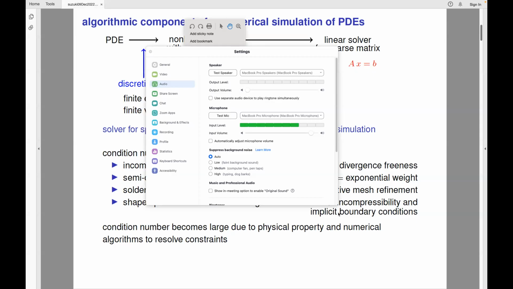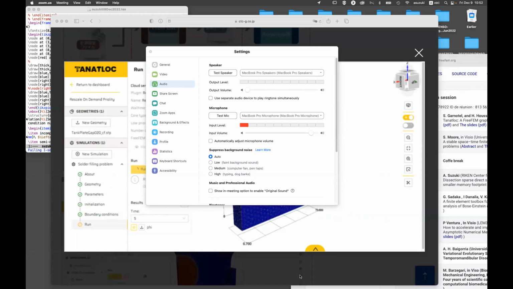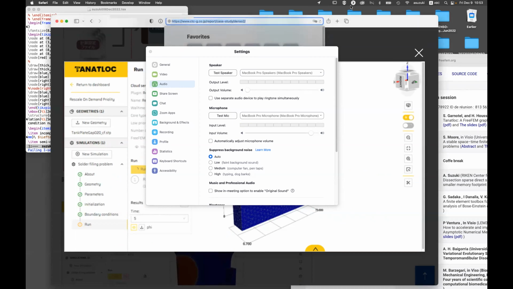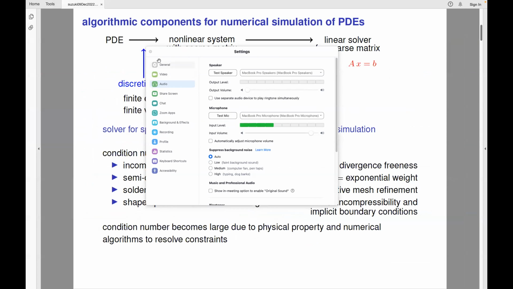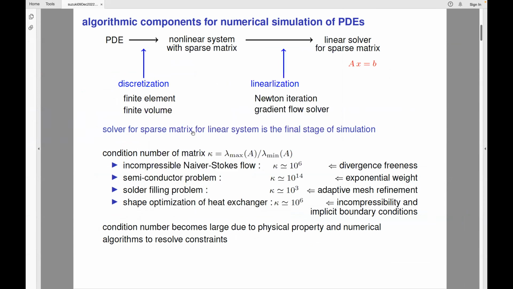Yeah, I'm muted. We just need the sound. I think because you are here. Okay. Sorry.